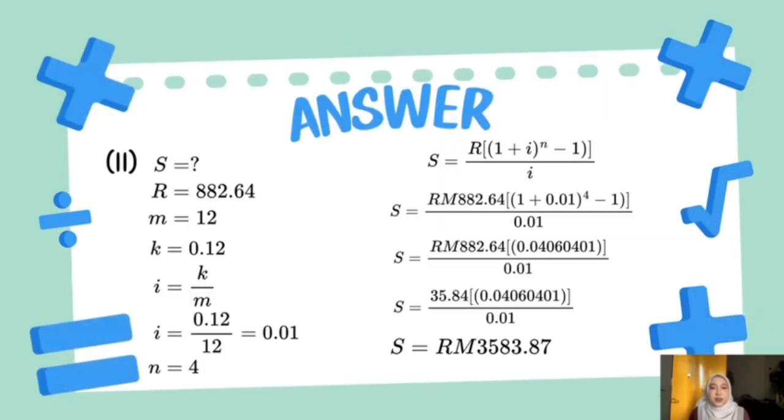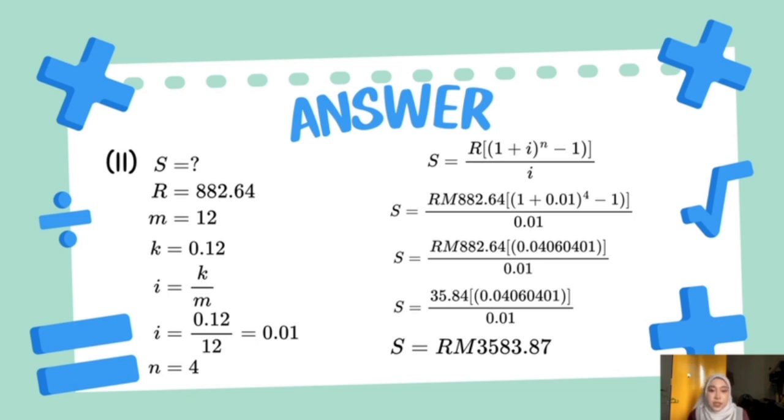The solution for question 2 is to use the formula S equals R[(1 plus i)^n minus 1] over i. First we have to find S. S we don't know. R equals 882.64, M equals 12, K equals 0.12, and i equals K over M, which is 0.12 over 12, equal to 0.01. N is 4, so we just insert the numbers: S equals 882.64[(1 + 0.01)^4 minus 1] over 0.01.